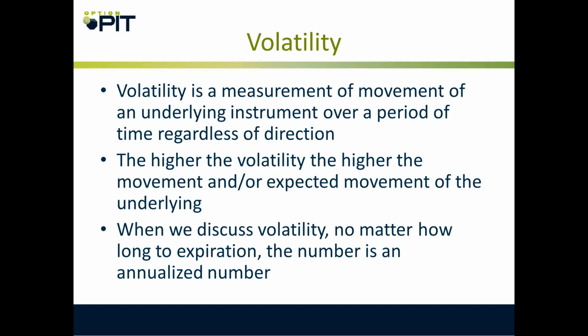So if you're looking at a 6-month set, the volatility that you come up with will still be an annual number. That means that if we come up with a volatility for a 6-month time period, that number would be for an annual, how much it would move annually at that rate.